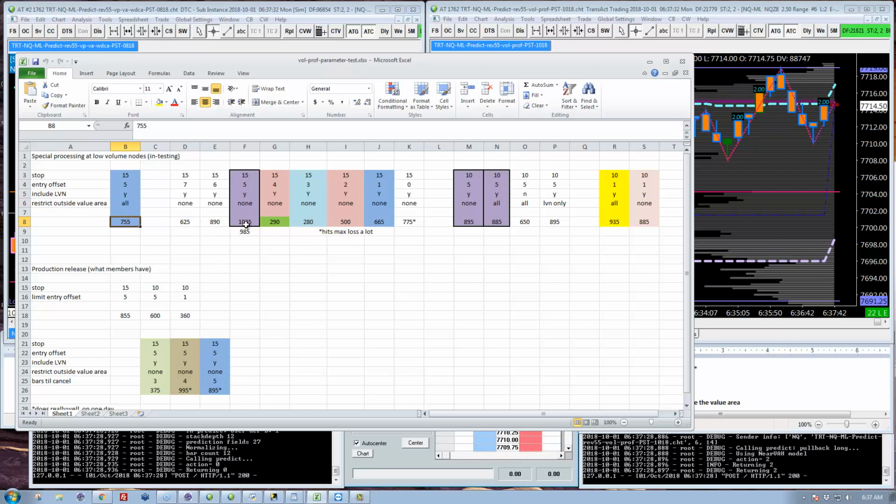It's a dramatic difference, right? It's 20 something percent. Okay, so that suggests don't restrict outside the value area. Okay.